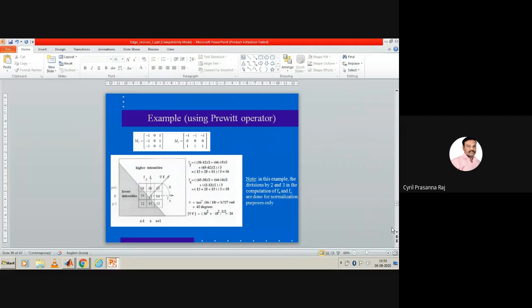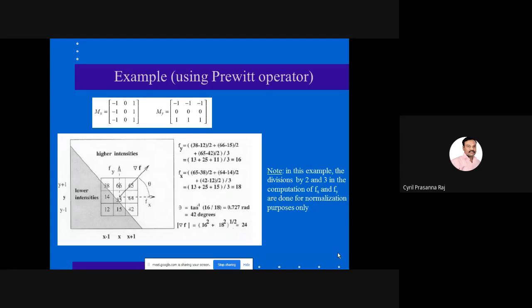We are now taking a simple example and trying to run this operation here. First we will do the y operation, with the mask -1, 0, 1, -1, 0, 1, -1, 0, 1. That means you take 38 into -1, 14 into 0 and 12 into 1.